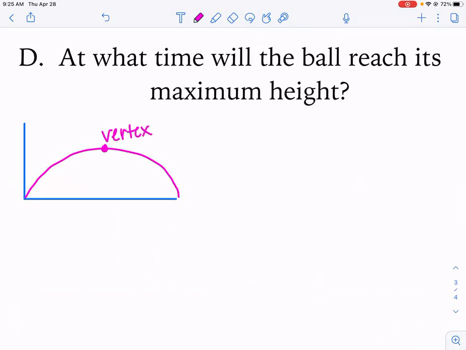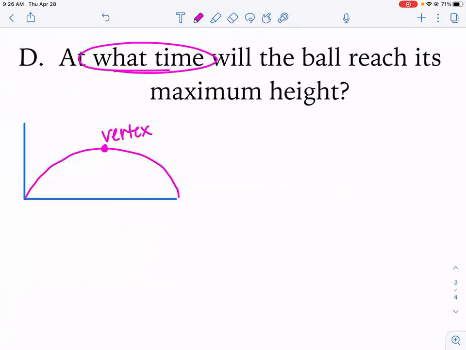The vertex will always be where our ball is at its max height. I'm asking you for what time. Now, some of you are thinking, well, it's just halfway through. In this scenario, yes. But let's say somebody's punting the football, and the initial height is like 2 feet off the ground. That would not be the case.